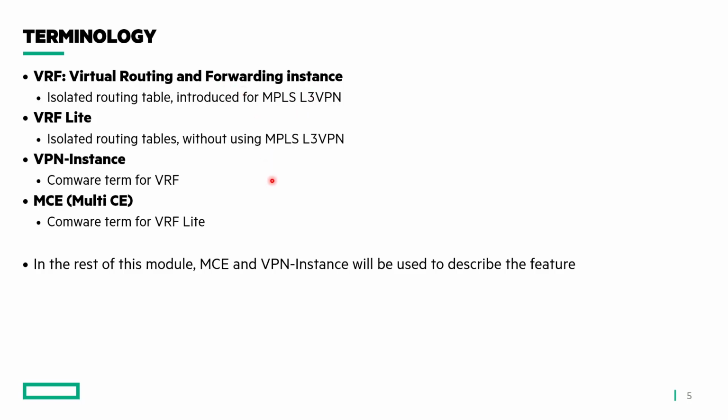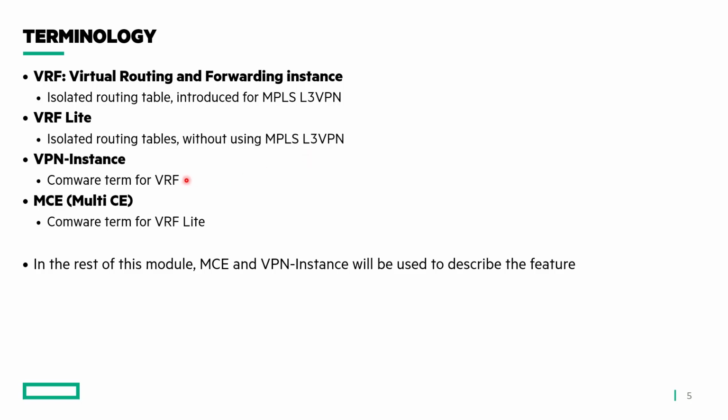This is a layer 3 isolation, if you like, that was initially introduced in MPLS layer 3 VPN. And then if you don't have to have MPLS, which is something that you can apply to your data center or to campus, to whatever, we call it VRF Lite. It's a light version of the VRF, and you don't have to use MPLS layer 3 VPN.